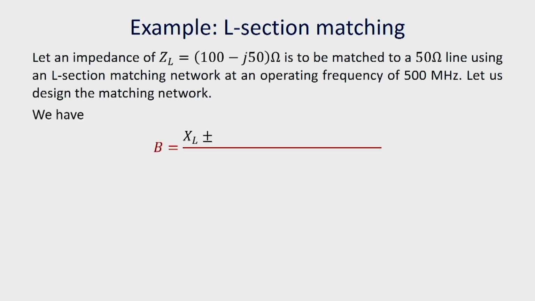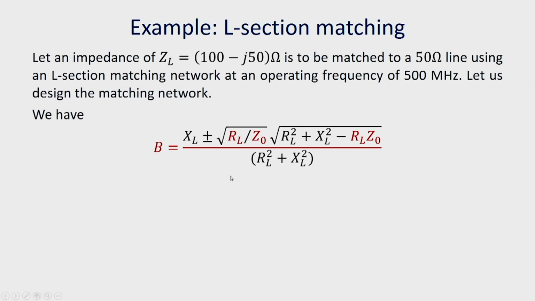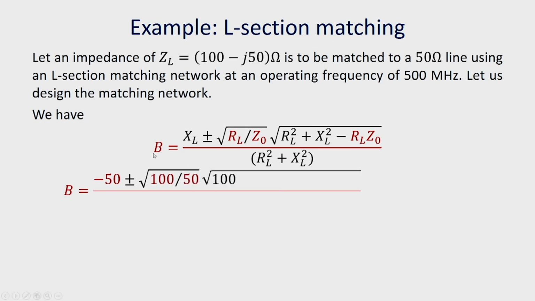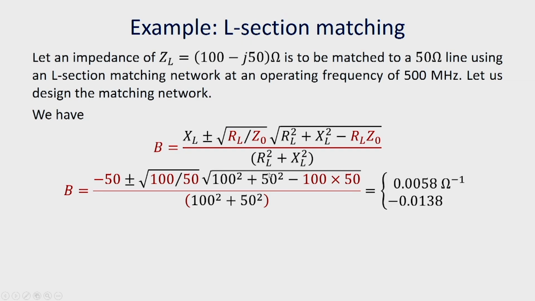We already have the expressions for B and X. So, if we substitute the values in the expression for B, we get B is equal to minus 50 plus or minus 100 by 50, root of 100 square plus 50 square minus 100 into 50, divided by 100 square plus 50 square.